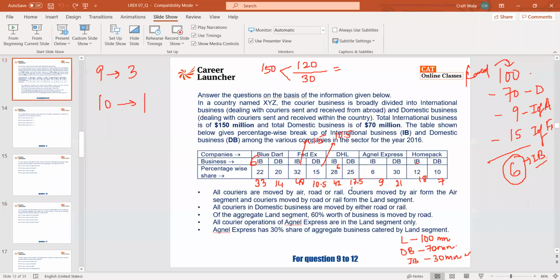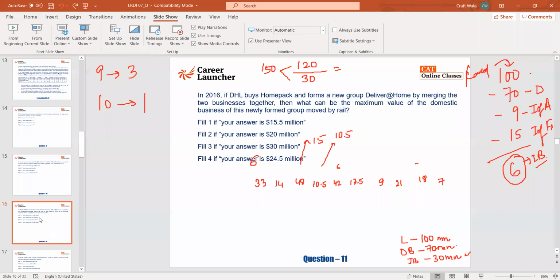DHL's domestic is 17.5. Home Pack's domestic is 7. 17.5 plus 7, 24.5. 24.5 is answer option 4. So for the 11th one, I should be writing 4.